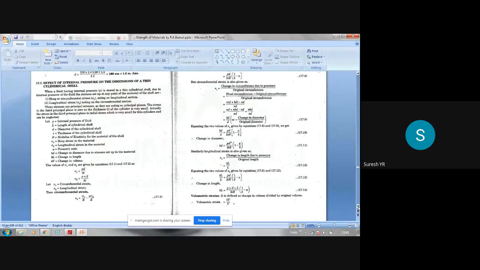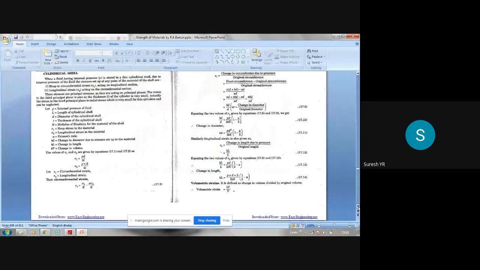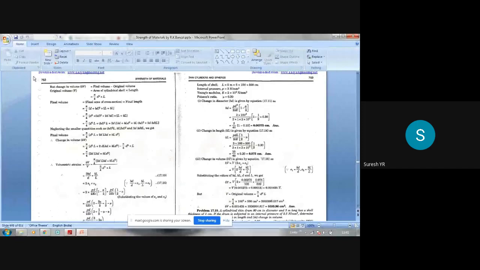Volumetric strain is given by change in volume divided by original volume. Change in volume is nothing but final volume minus initial volume. The original volume is area multiplied by length. The area of a cylindrical shell is a circular area, pi D square by 4, into L, the length of the cylinder. Final volume, how to get?